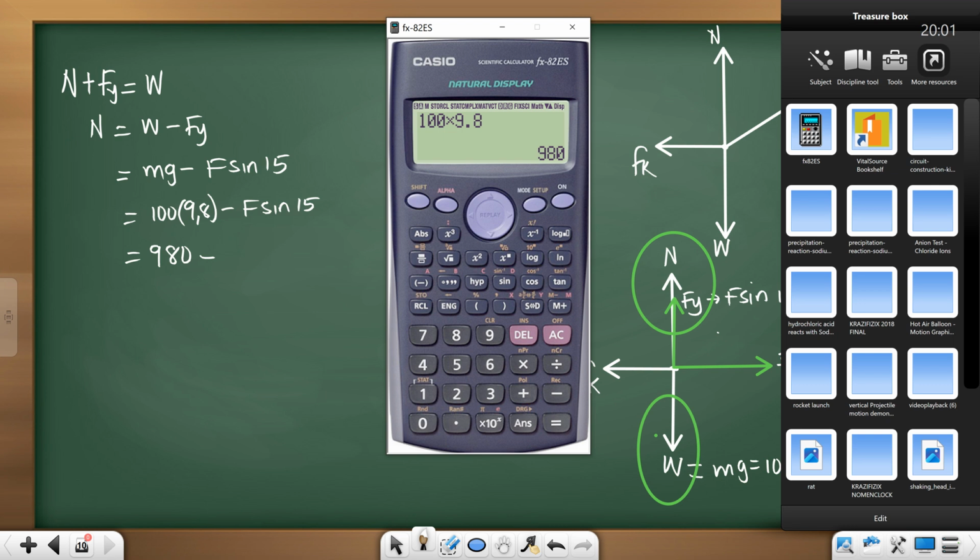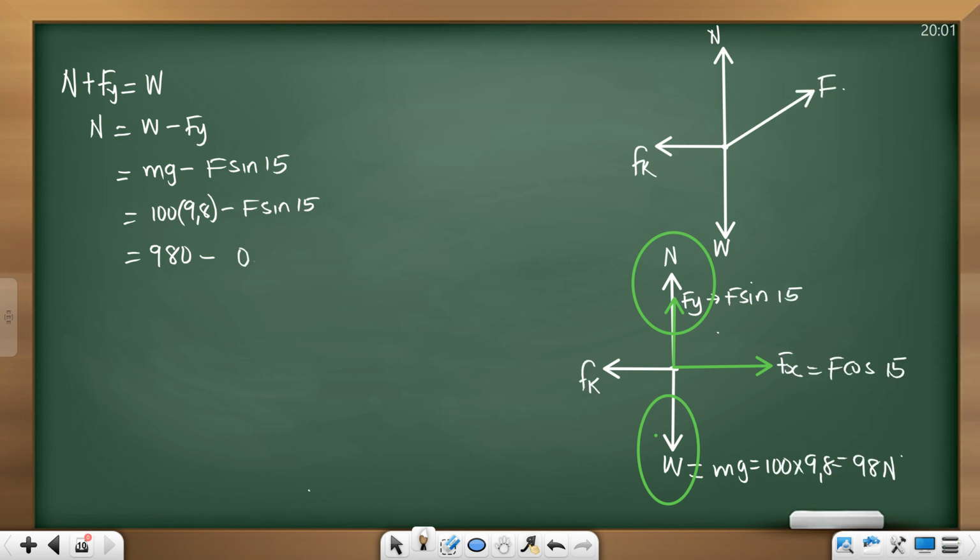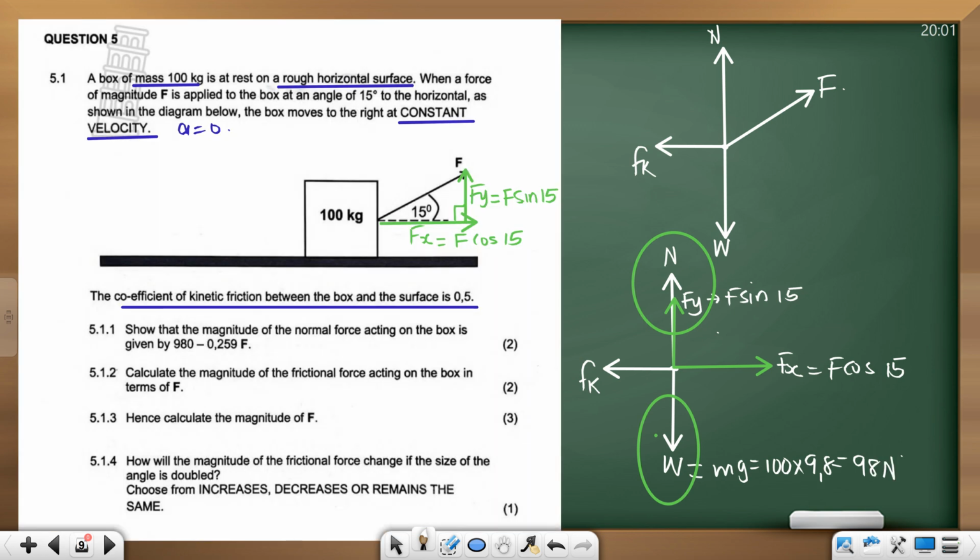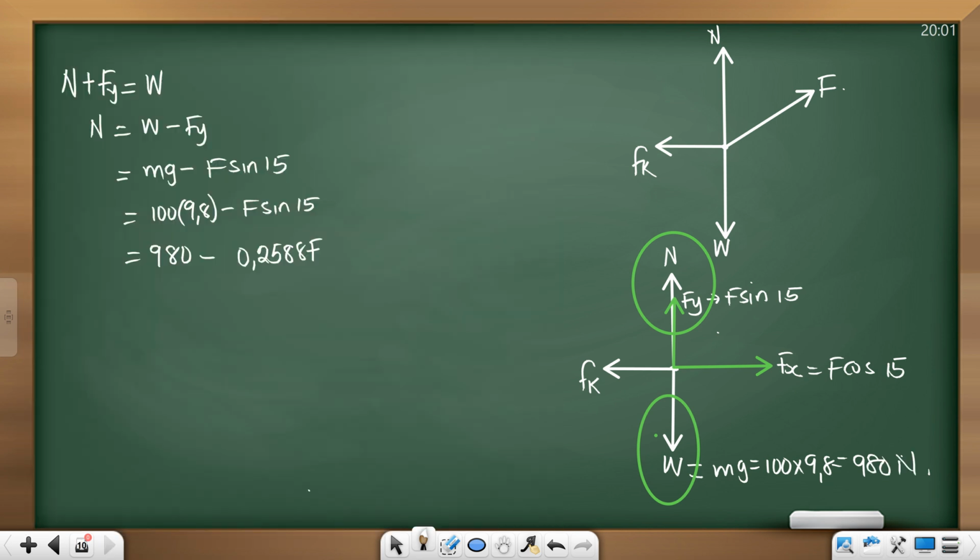Yes, oh okay, I'll fix that one. Thank you. sine 15 is 0.2588. Okay, 980, which I have corrected. Okay, question done. Do you see? 0.259, they rounded up.